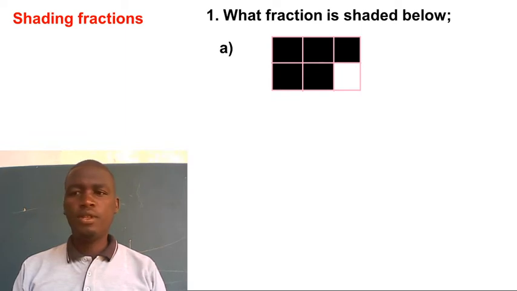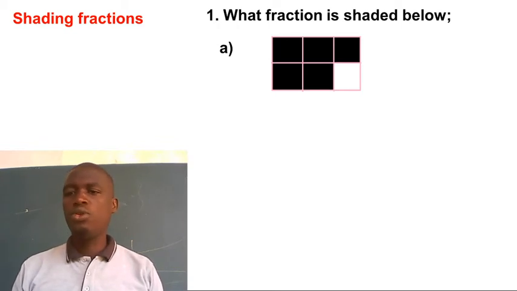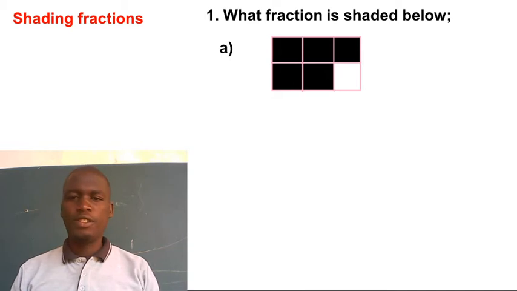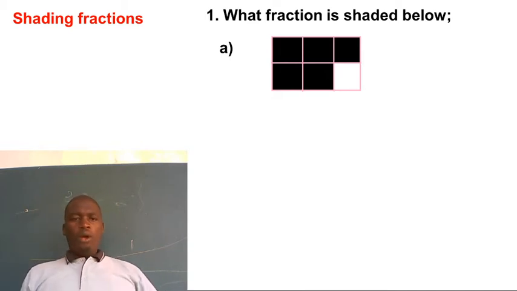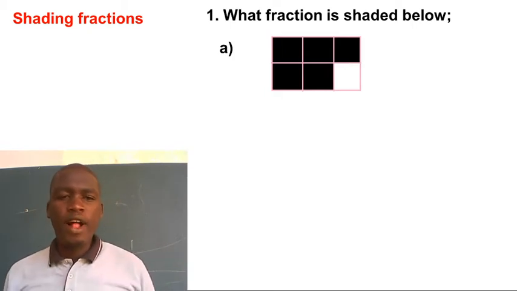Our previous lesson was about equivalent fractions, and today we are going to continue with that idea and look at how to use it to shade fractions. We looked at equivalent fractions, which are fractions with the same value.